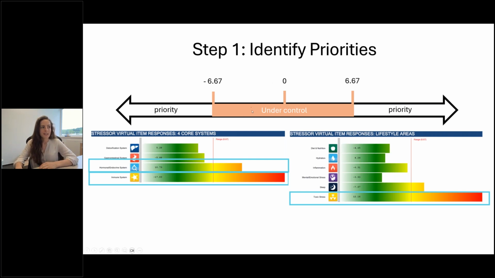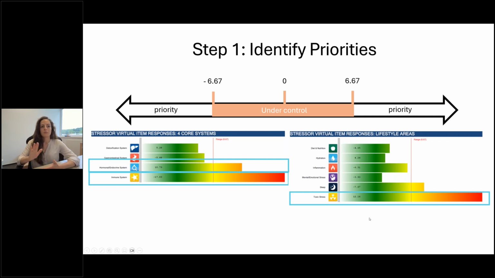And everything that is within this area, regardless of whether it is plus or minus, is under control. It is normal. There is no stress, nothing to worry about, nothing to even think about. And everything that is outside of that area is a priority. So that's something that we want to move back to normal.